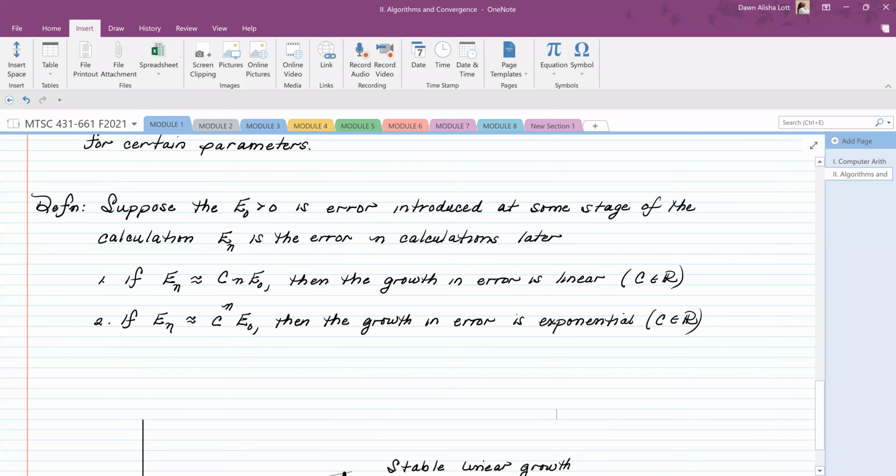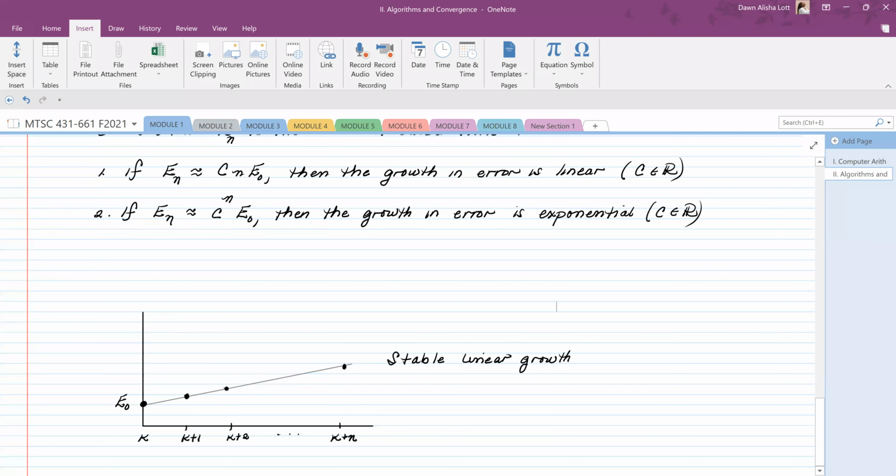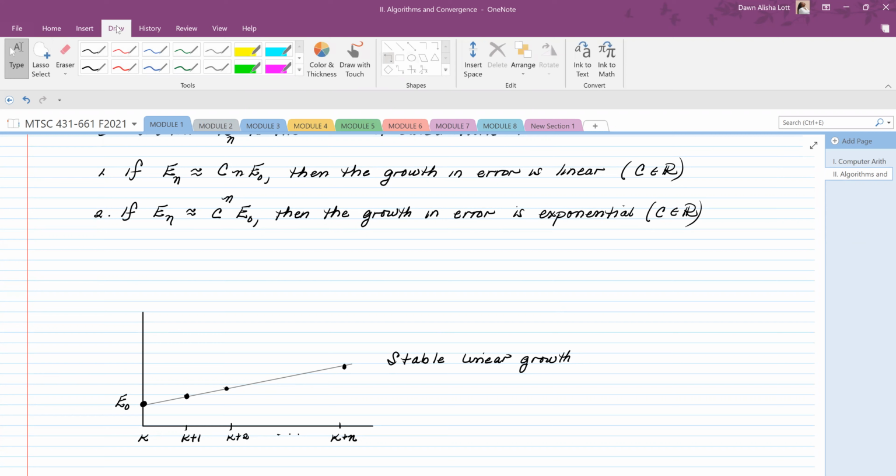But if it looks like this, I'm only drawing the gray line for my benefit to be able to draw a curve.